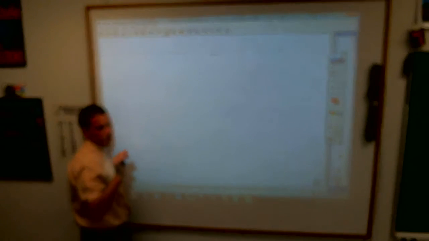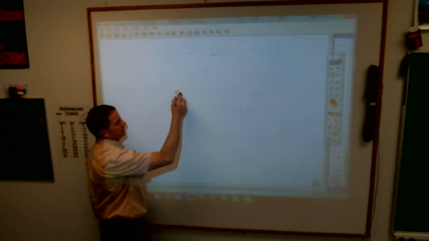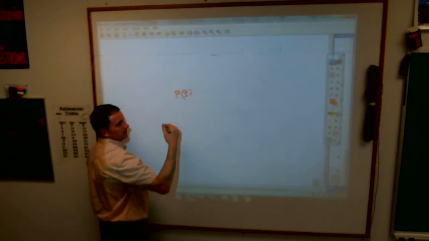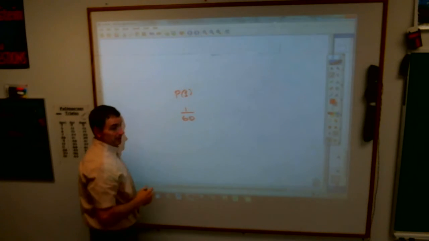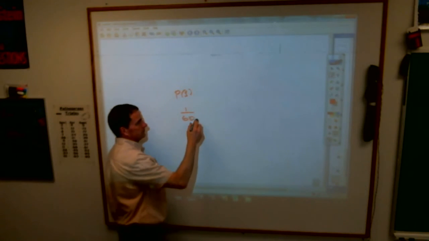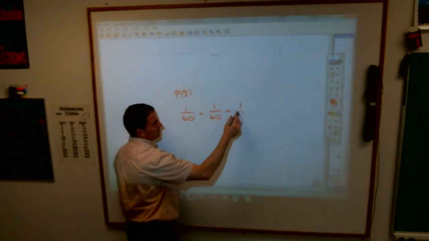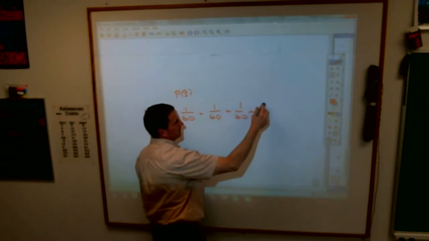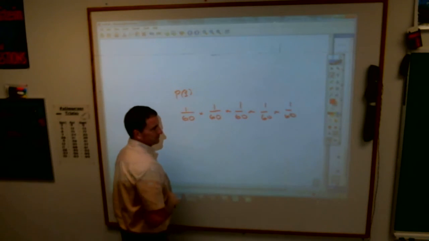Even if you had to just draw 5, well, your probability of getting the first one right, let's say you say, okay, I'm going to get 29, it's 1 in 60. Your probability of then getting the next one right, well, we could just do 1 in 60 again. That's of getting 2 right, of getting 3 right, of getting 4 right, of getting 5 right.